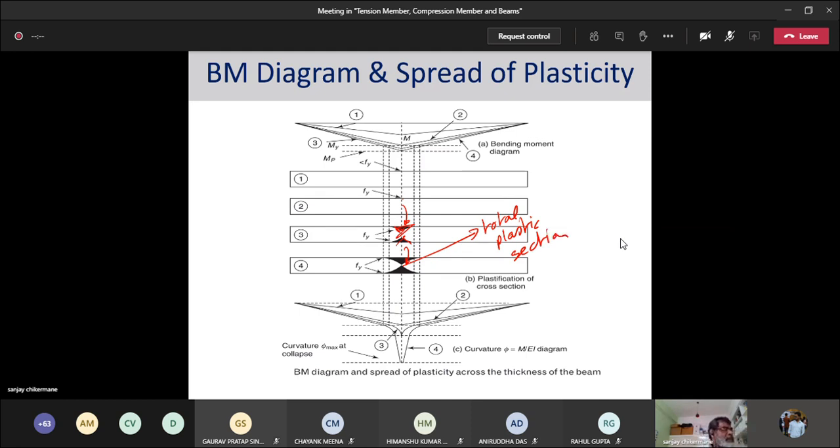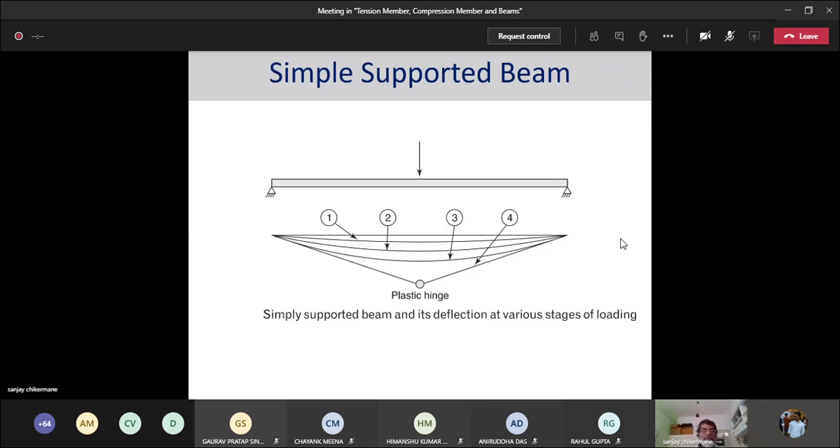Is this making sense, guys? Yes, sir. And eventually the beam keeps deflecting further and further till a place where it eventually becomes a plastic hinge.